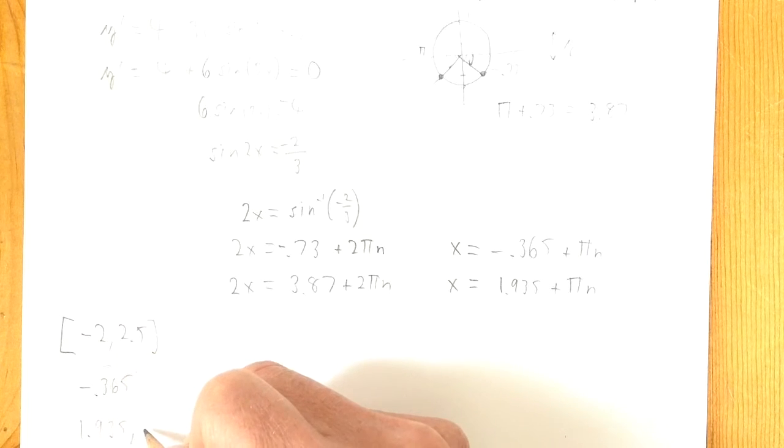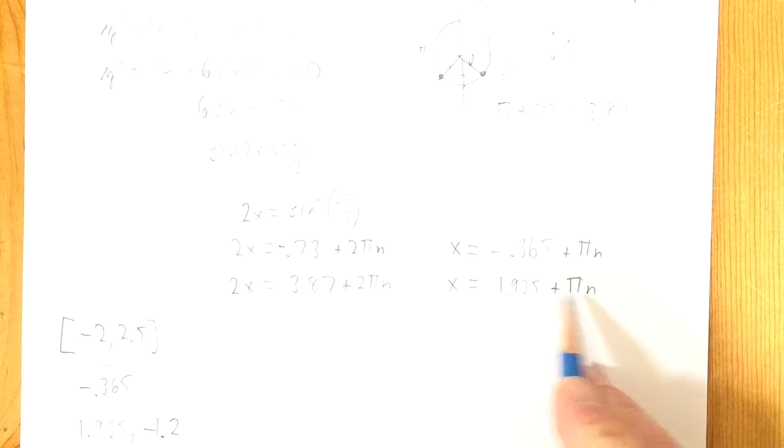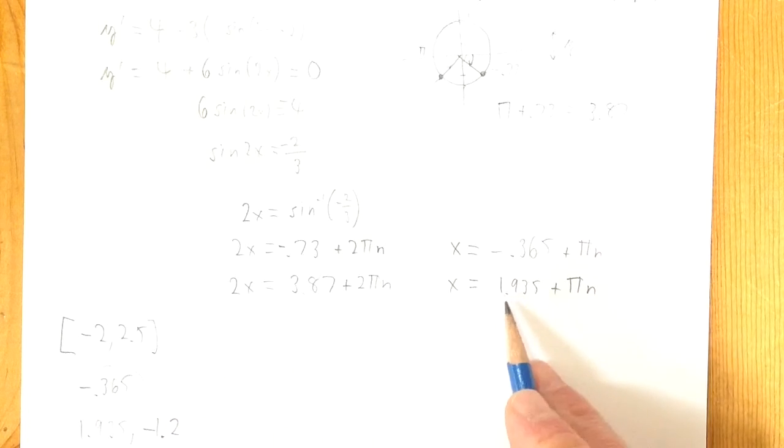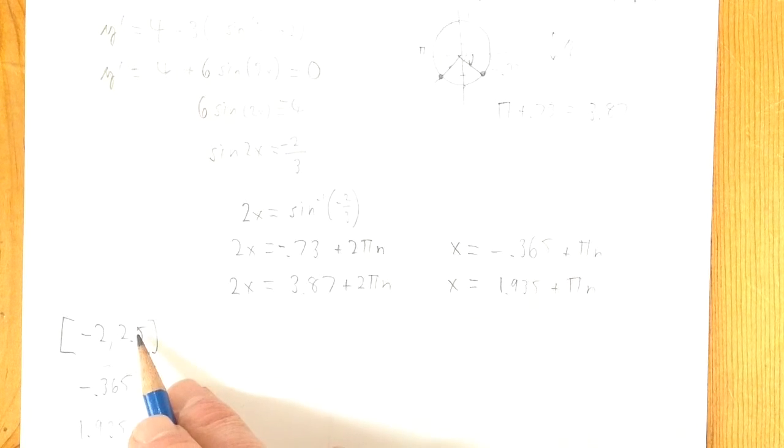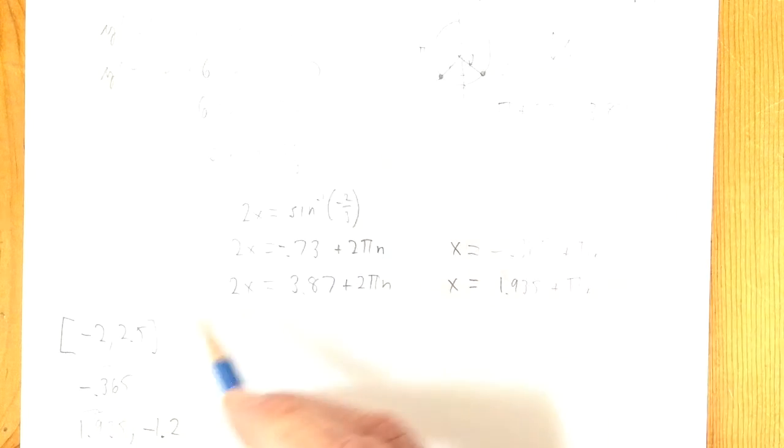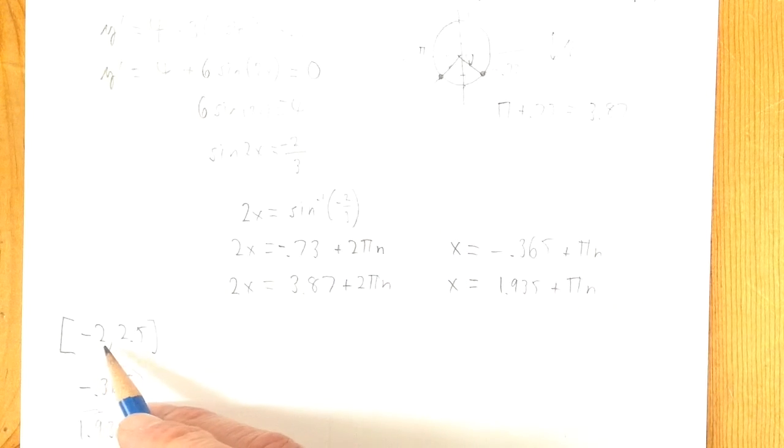So we also have another one, negative 1.21. That's close enough, negative 1.2. How about if we add pi? Then that's clearly too big, because this is about 2. If we add 3, it's going to be like 5, and we only want to go to 2.5. So there are 3 points. Unfortunately, there are 3 points in the range that we care about. Not just 2, there are 3.